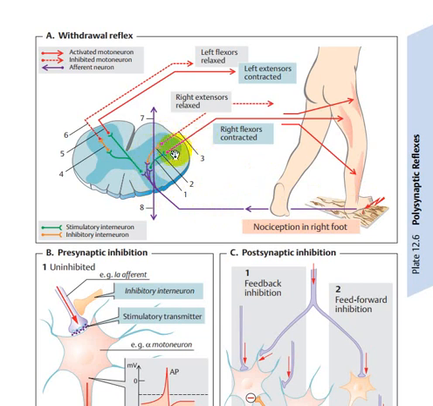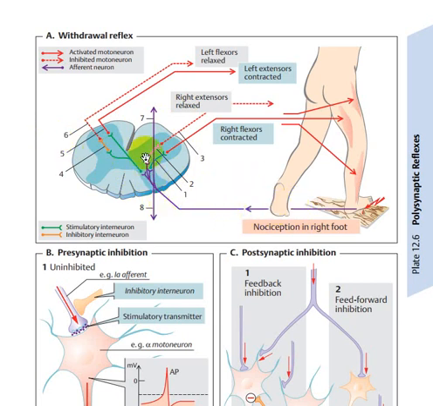Ipsilateral is the same side. When we say ipsilateral, it's the same side of the spinal cord and the nerve which is taking that impulse. Contralateral is the opposite side of the spinal cord, and the opposite of the nerve which is taking the impulse. So you have impulse coming from here.